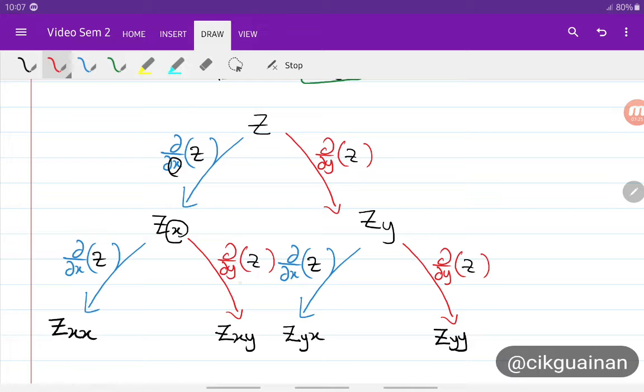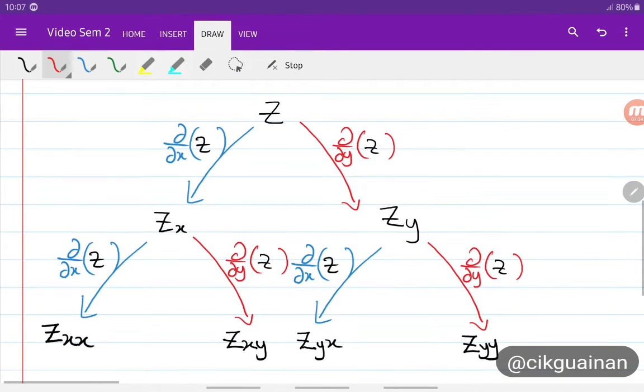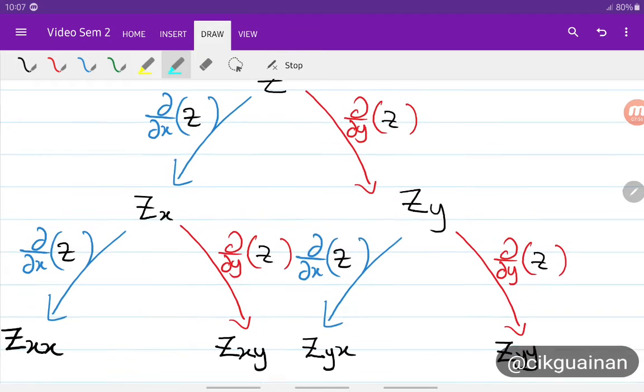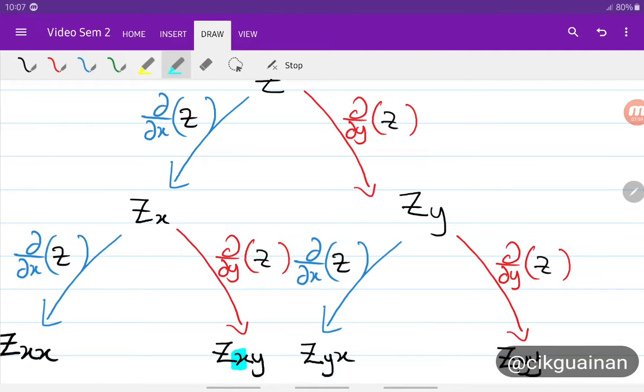So this is another way of writing it. As you can see, if we write z sub xy or z sub yx, the way we read it is the same as the order of the differentiation. For example, z sub xy means we differentiate with respect to x first, then y.